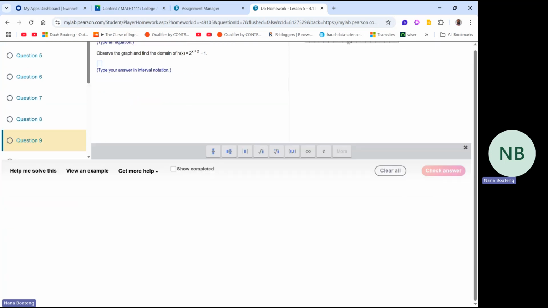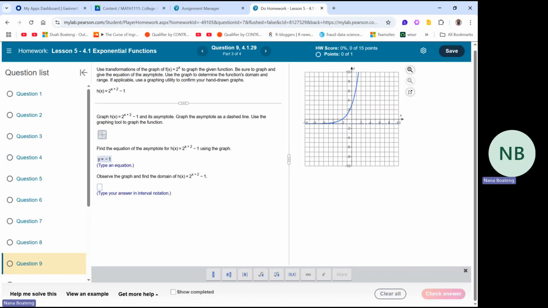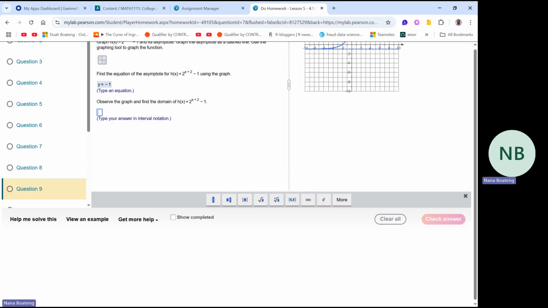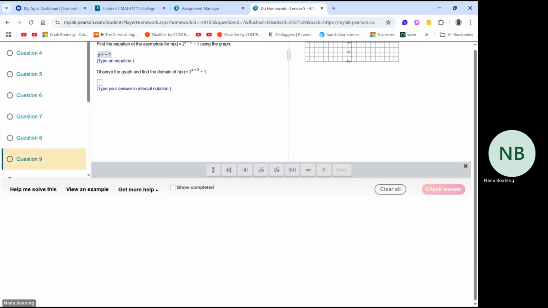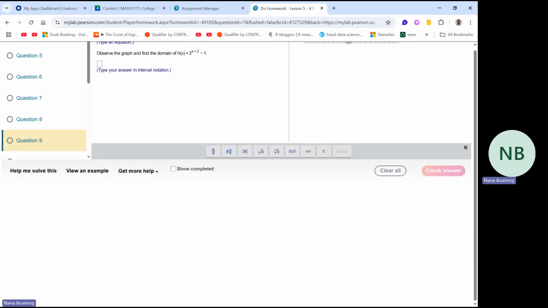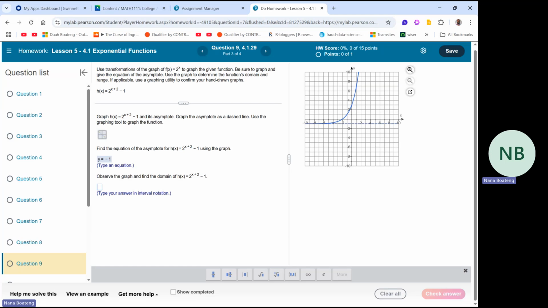So the domain of this graph is from -infinity to positive infinity.